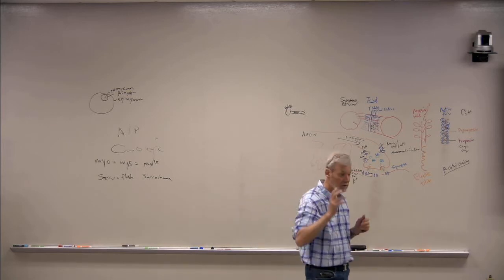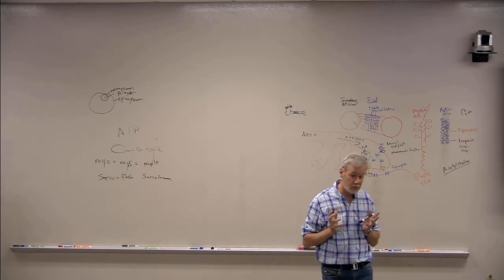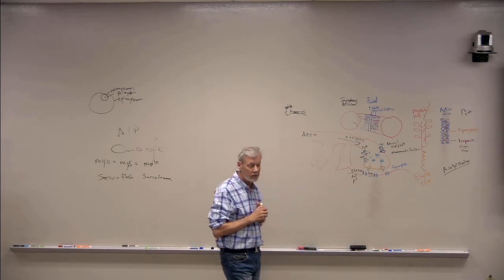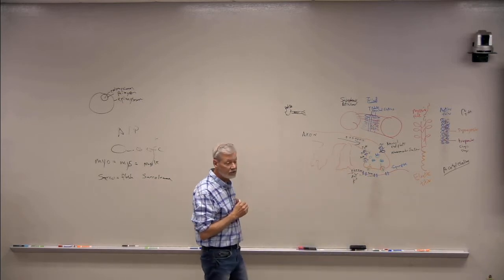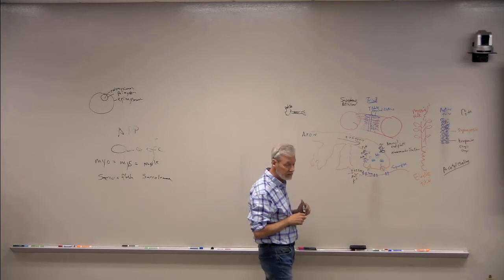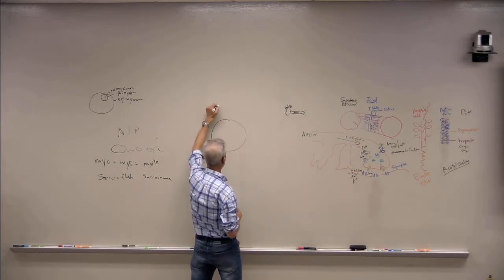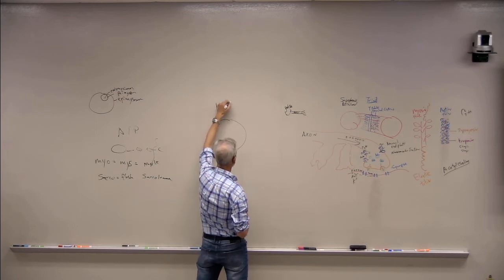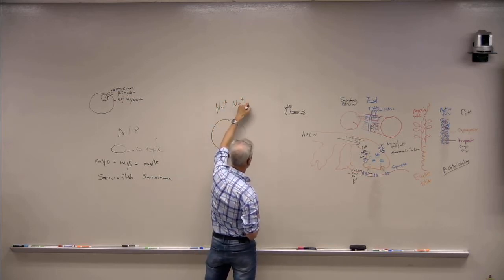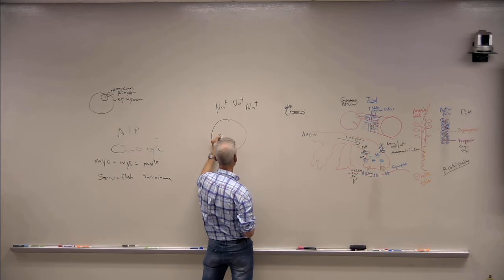Now remember how we talked about cells being polarized, okay? Plus on the outside, minus on the inside. Remember? Here's a cell. You've got a bunch of sodium out here, and you've got a bunch of potassium in here, right?